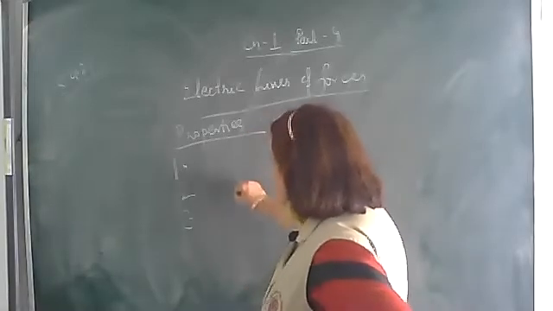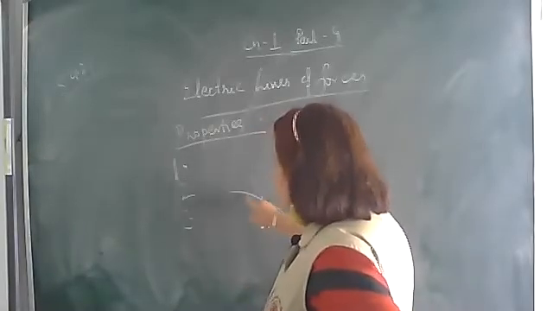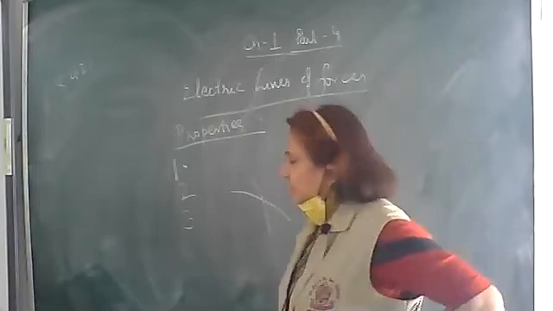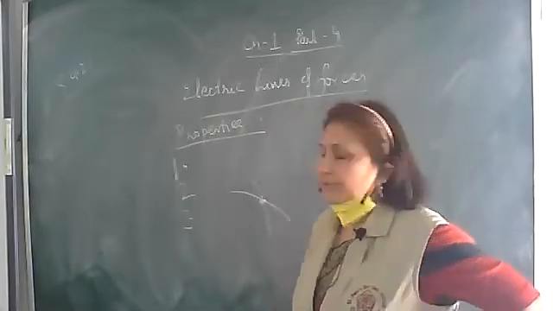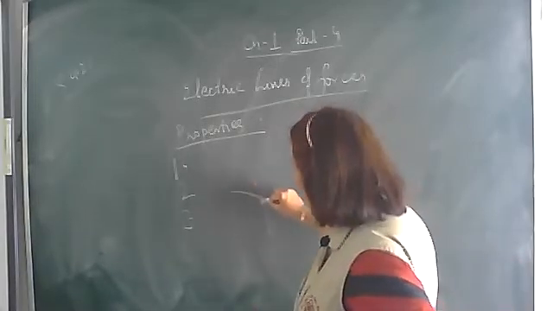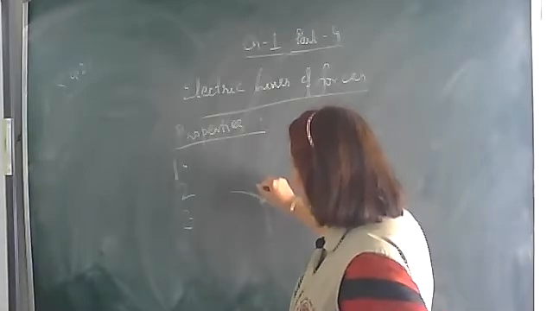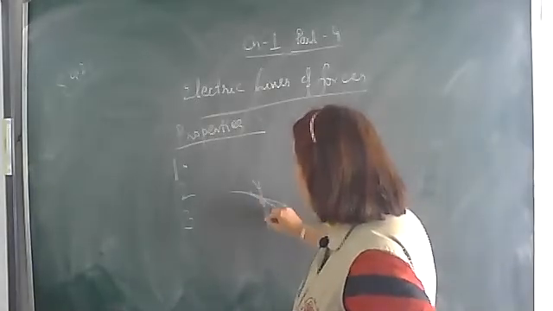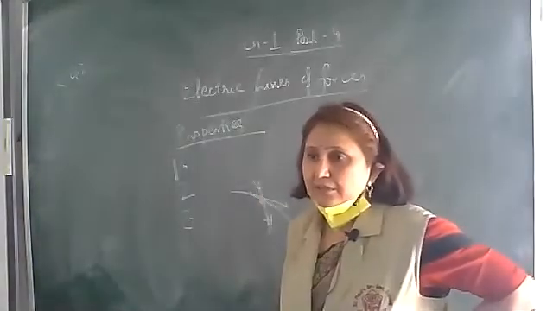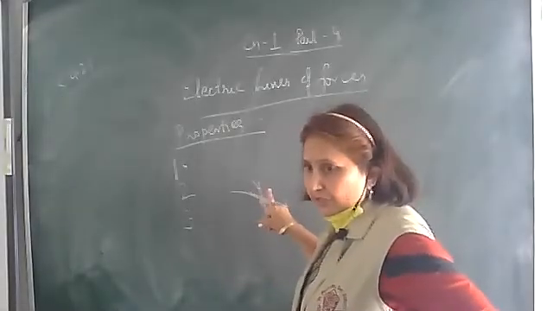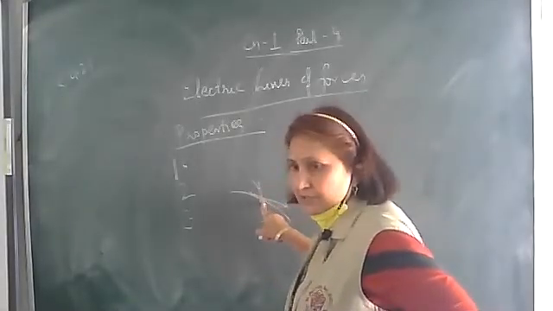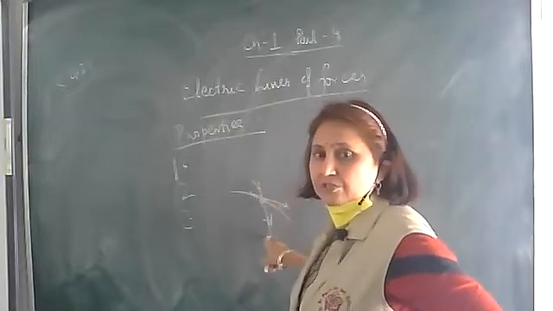Okay, now pay attention. Suppose these are two electric lines of forces and they are intersecting at a point. Now see, at this point of intersection, we can draw two tangents, one tangent to this line, the other tangent to the other line. And what is the tangent giving? The tangent gives the direction of the electric field intensity. So at the point of intersection, how many directions are there?